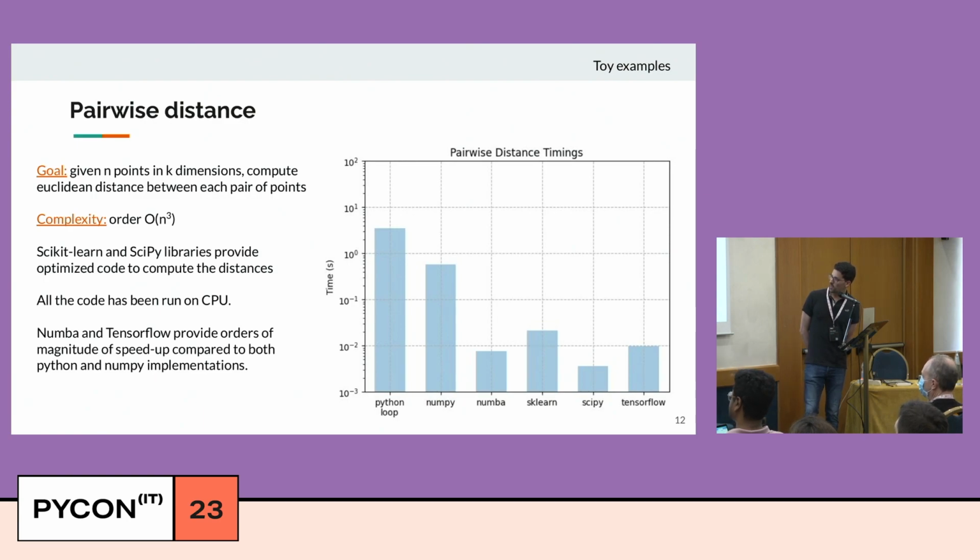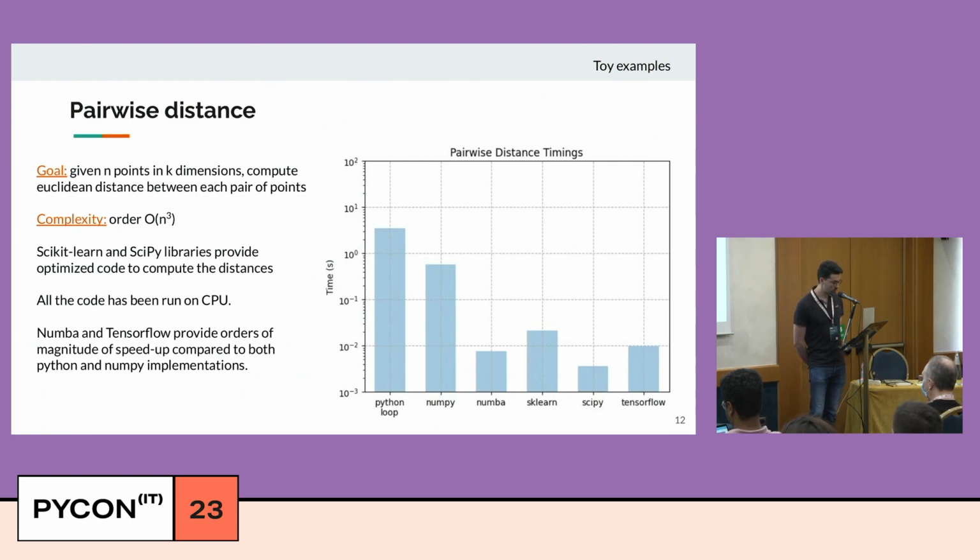Okay, yes, we made multiple benchmarks of this problem. The different implementations are available in the GitLab repository. And as you can see, the Python loop is the slowest one, as you can imagine, of course. And the other bars are about an order of magnitude, or sometimes 2 orders of magnitude better, like in the case of Numba and TensorFlow itself.